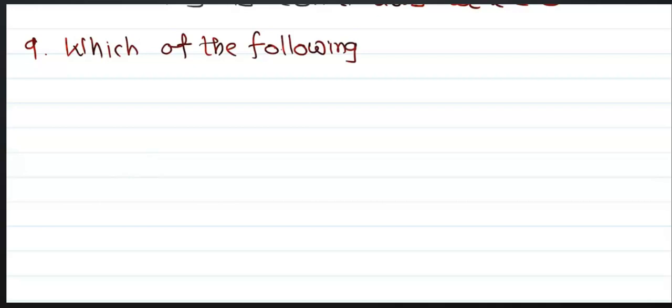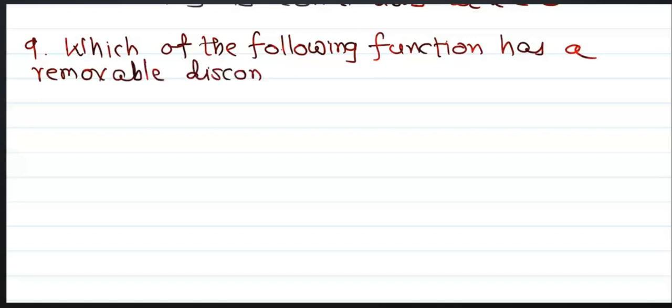Now next is, which of the following function has a removable discontinuity?